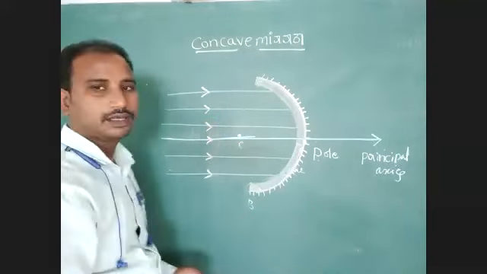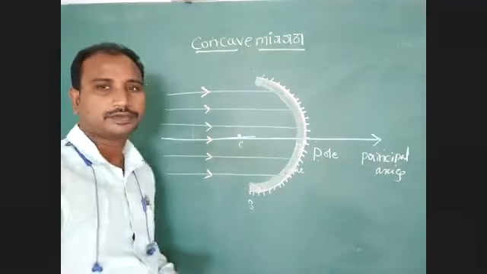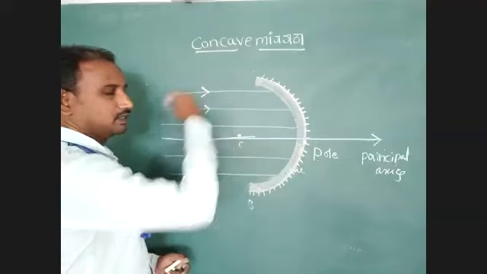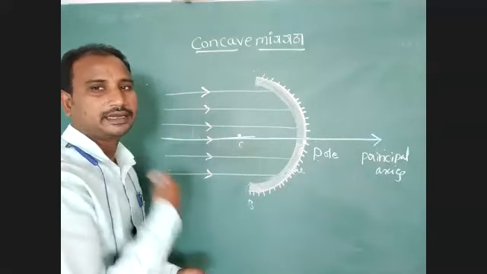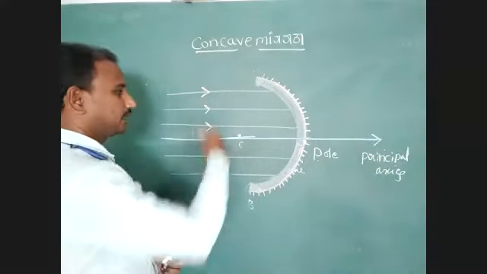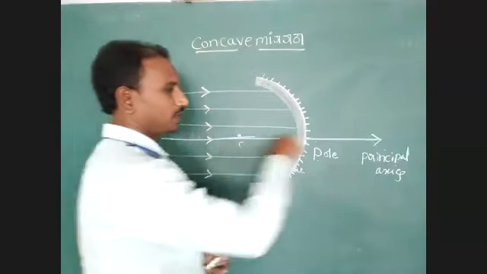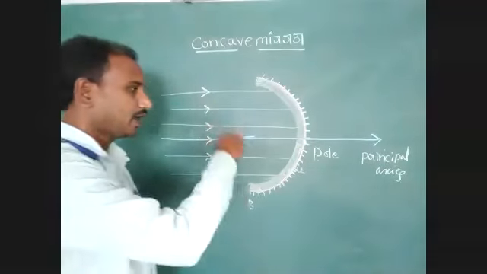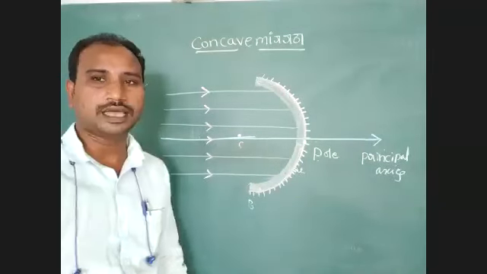Here we consider a total of 6 light rays: 1, 2, 3, 4, 5, 6. These 6 light rays make 0 angle with respect to the principal axis. All these light rays are parallel to the principal axis.